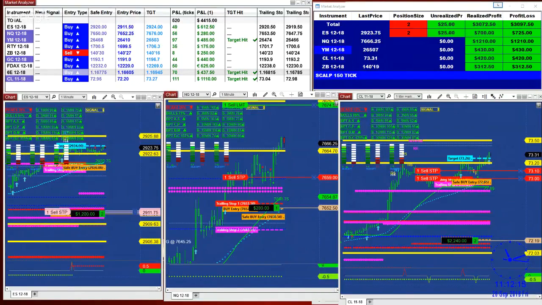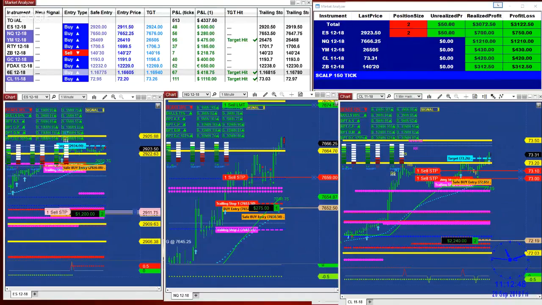For Chris, 6E is very hard to trade, my friend. It's a Forex future. So if you want to trade the 6E, put it on automated trading because you're not able to trade it by eyeballing the chart. We are in 2018. Those out of date indicators can no longer handle the 6E.